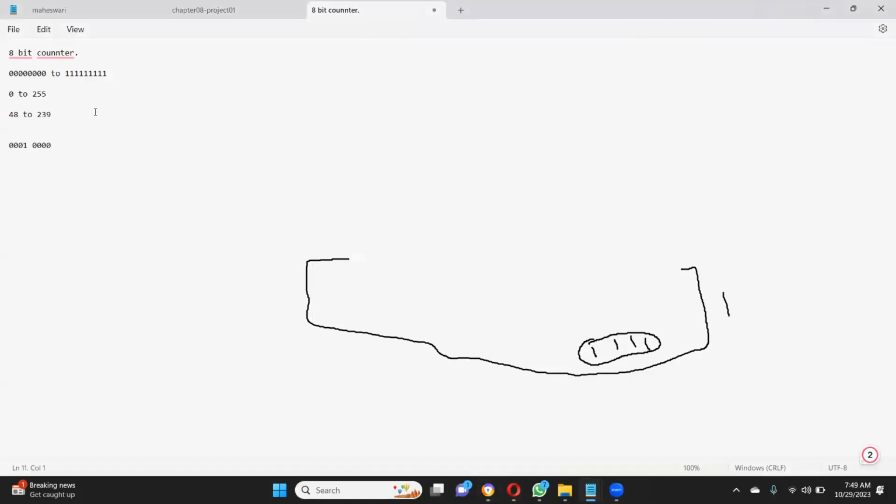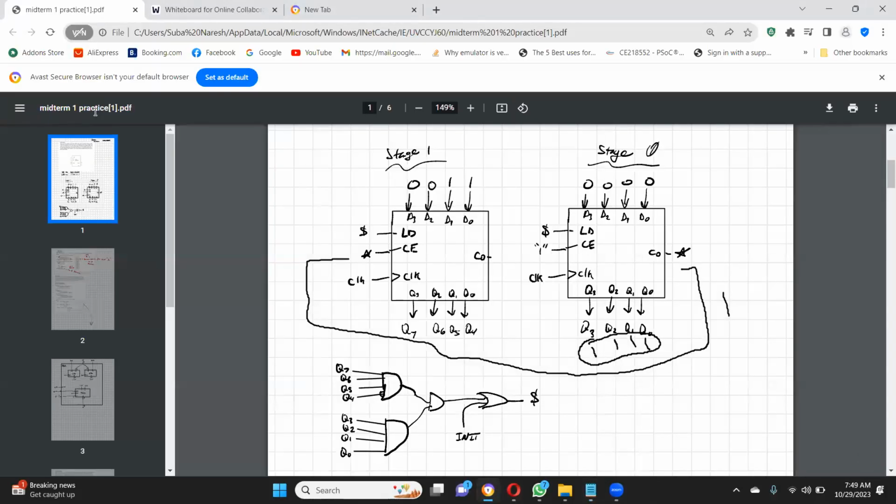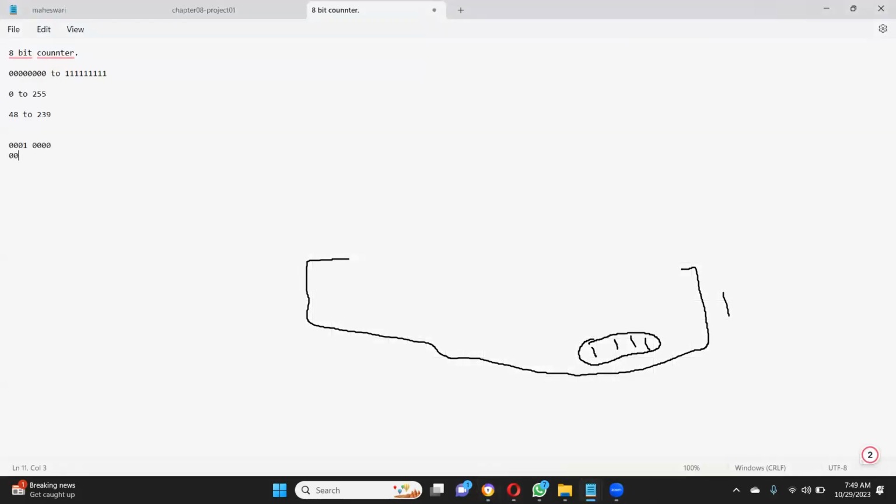And then now you are operating with both the counter, right? Both the counter has a clock pulse. So the next count will be like this. And the next count will be like this. And after some time, when you reach this stage, the carry will come, right?